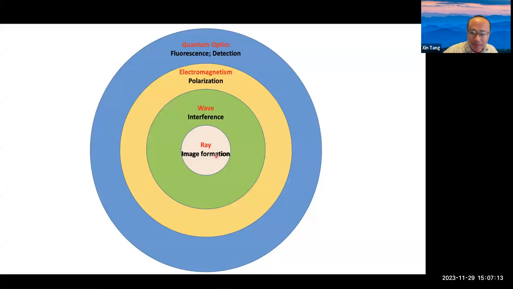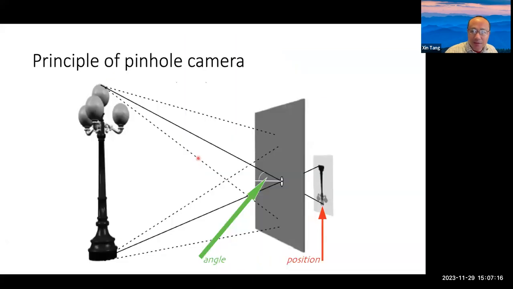So to start, as we mentioned before, in the first part on ray optics, when people put an opaque board in front of a lamp, in front of the lighting object, and make a hole there, they will find at the back of the opaque board an image of this real object.